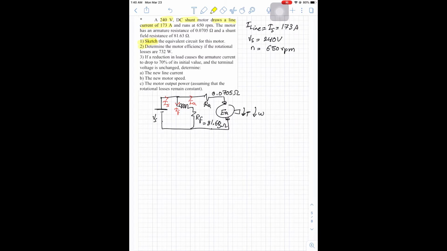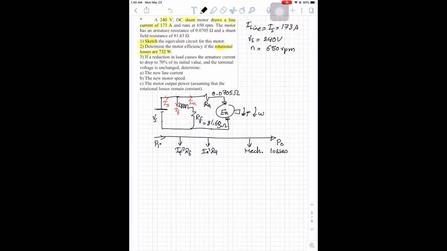The second part is to determine the motor efficiency if the rotational losses are 732 watts. If we sketch the power flow diagram, we have an input power and an output power, and between them we have the field losses, the armature losses, and the mechanical losses.